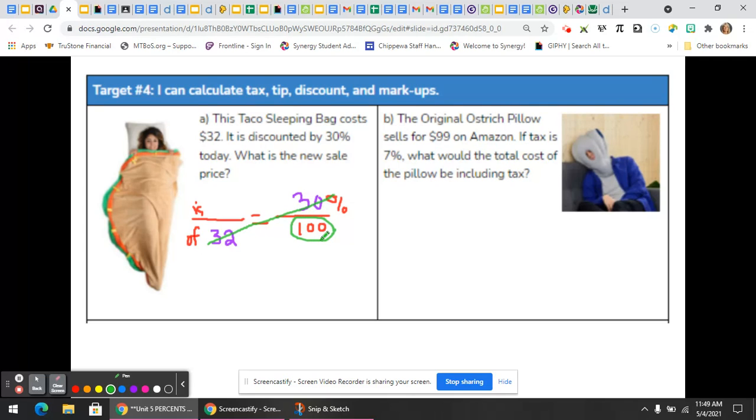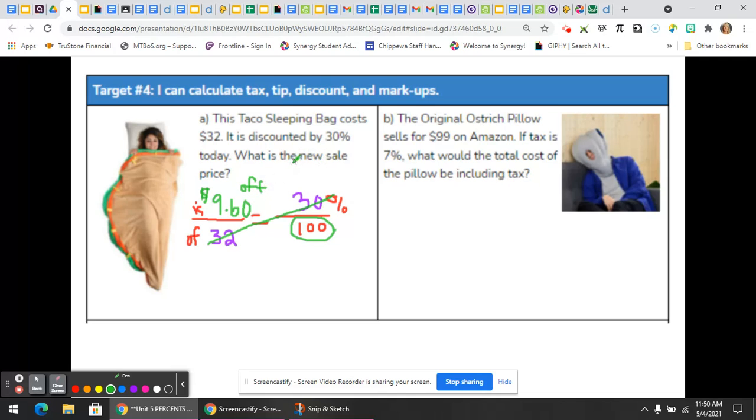Now, when you cross multiply and divide, you get your discount. So 30% of $32 turns out to be $9.60. Okay, now you're not done. That is how much off. That is your discount. Okay, that's how much off you're getting.